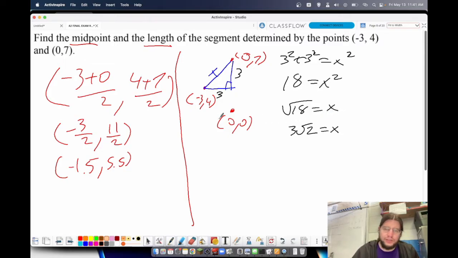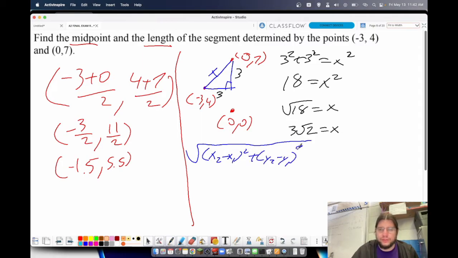Now, you could also just use the distance formula. You get the same result either way. Square root of x2 minus x1 squared plus y2 minus y1 squared. If you memorize the formula, you're done. If you don't memorize the formula, draw a triangle.